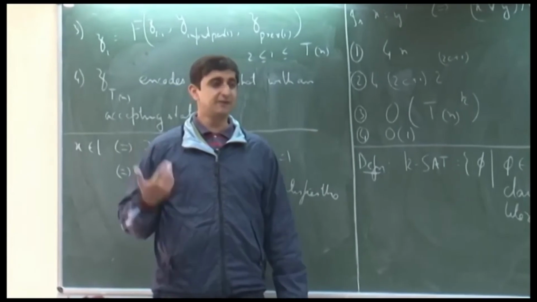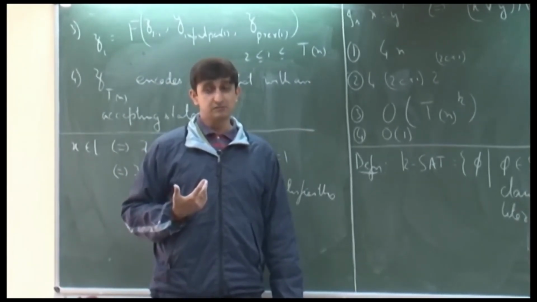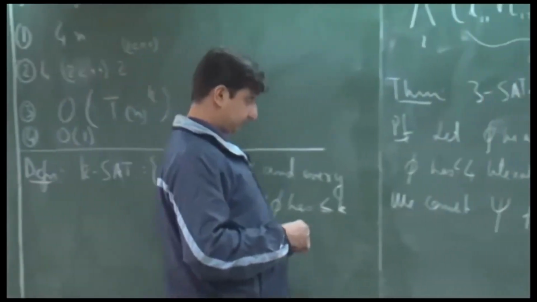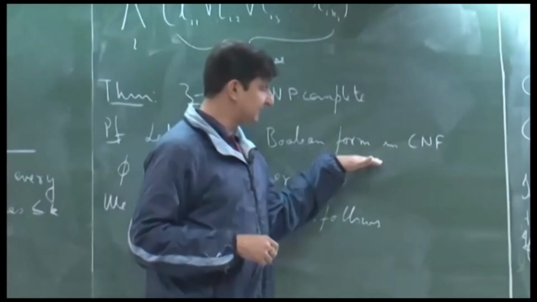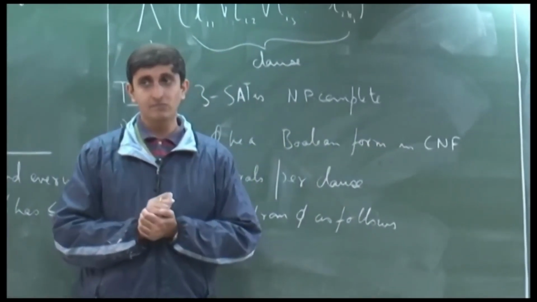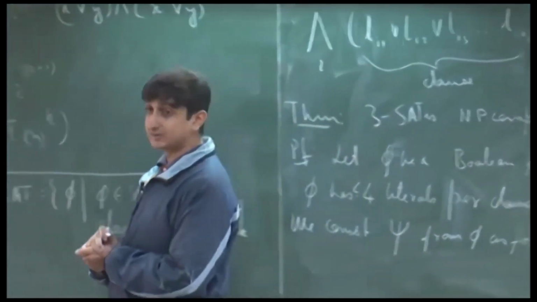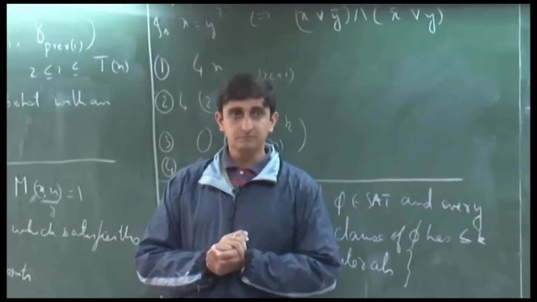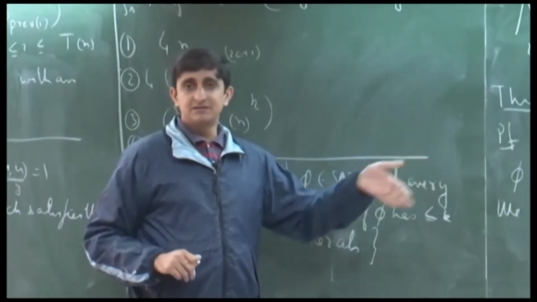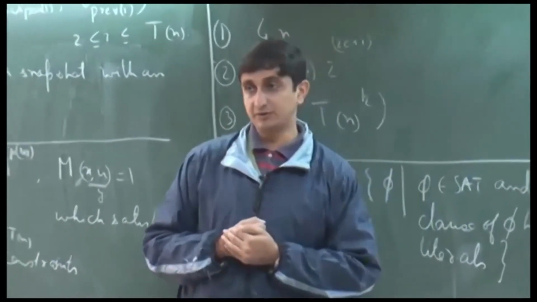How many new variables does that introduce? Suppose you are reducing 4 SAT to 3 SAT, at most the number of clauses, because you cannot reuse the same variable. So, you introduce m variables, and then you go from k minus 1 to k minus 2 and so on, you can come down to 3.